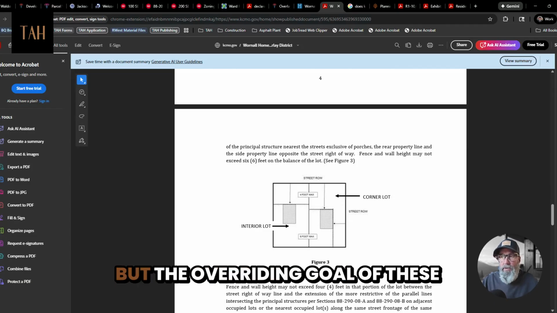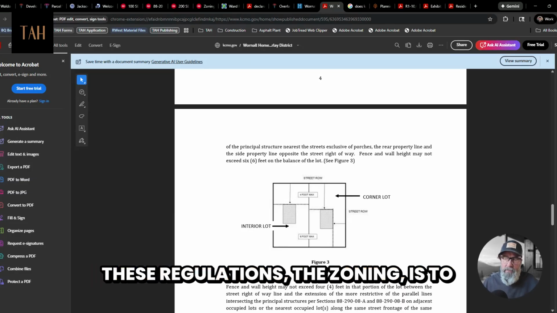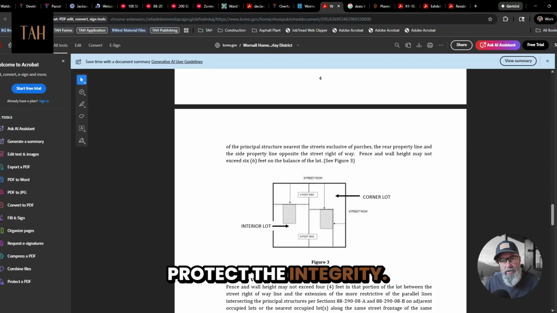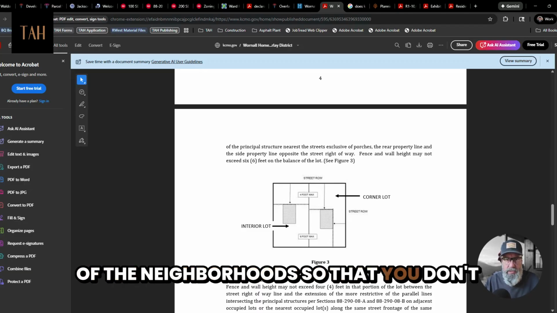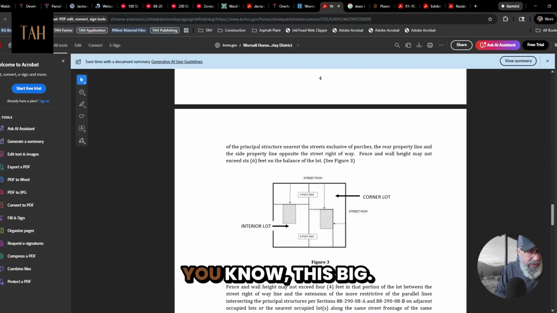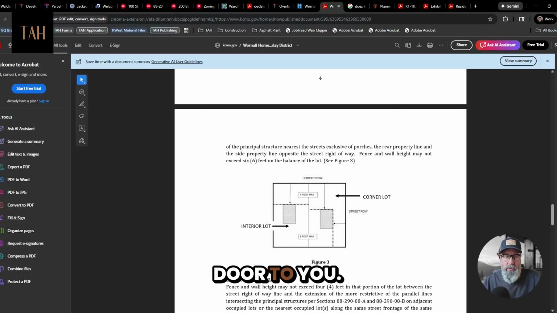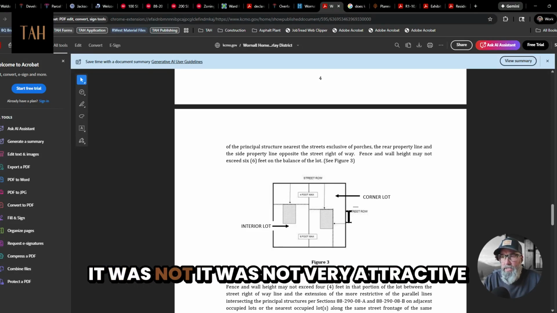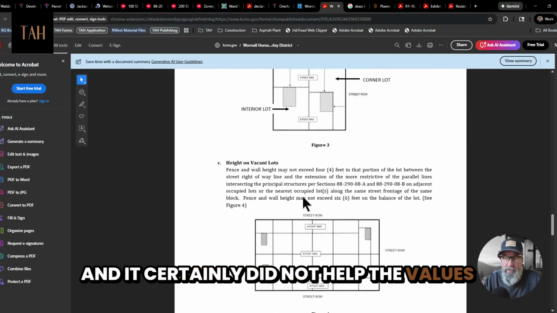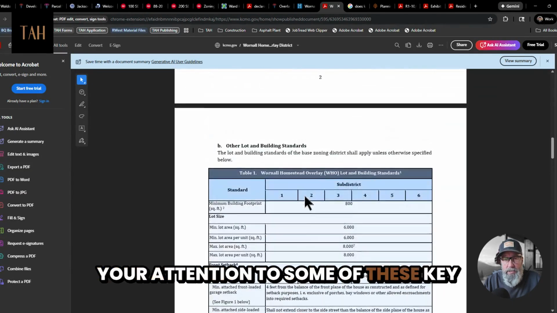But the overriding goal of these overlays, of all of these regulations, the zoning, is to protect the integrity of the neighborhoods so that you don't end up with, like I mentioned in the podcast episode, this big pink palace built next door to you. I had that personally happen to me, and it was not very attractive, and it certainly did not help the values of the property. So that is what I wanted to bring to your attention, some of these key things.